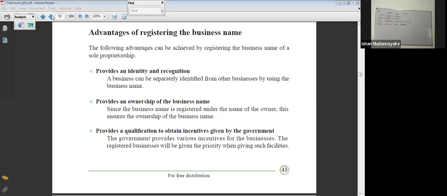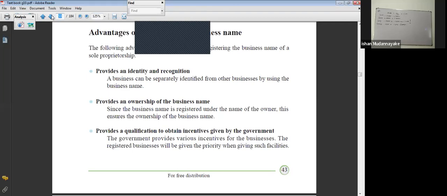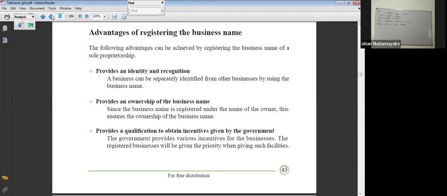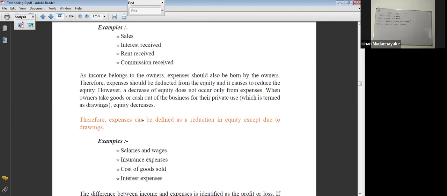Expenses. Grade 10 textbook, page number 54. Expenses can be defined as reduction in equity except due to drawings.